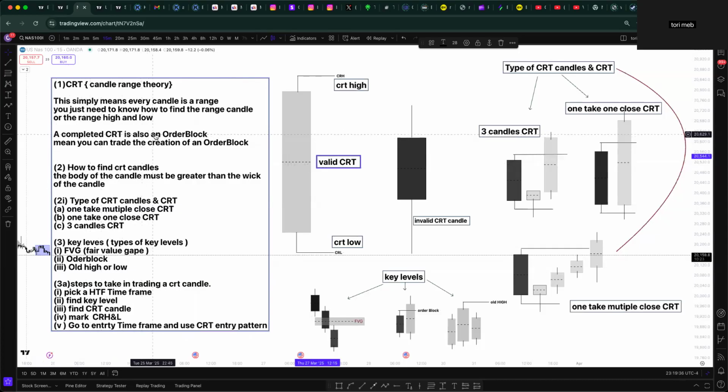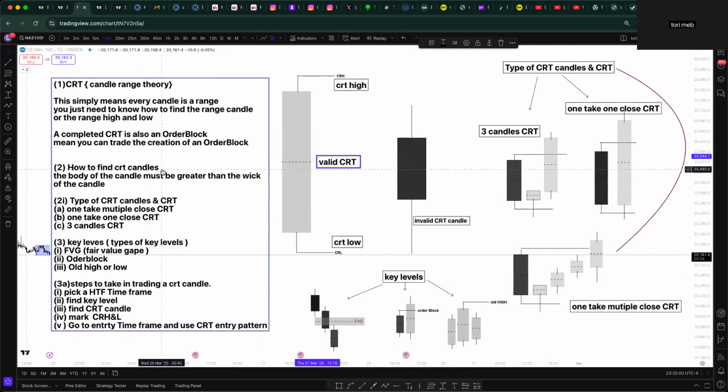A completed CRT is an order block, and that means you can trade the creation of an order block. This is an order block right here. You can trade the creation of this order block. All of these here are order blocks, but they are all completed CRTs. I'll dive into that later.